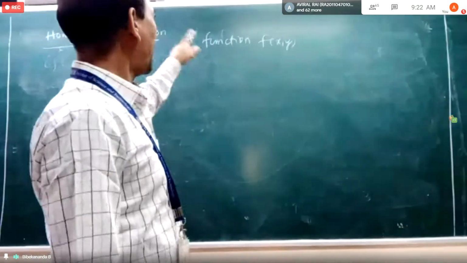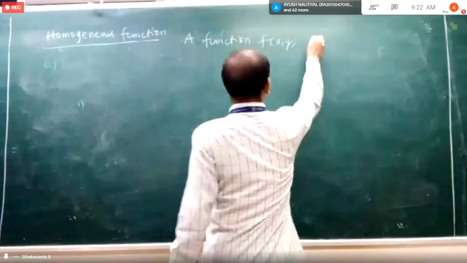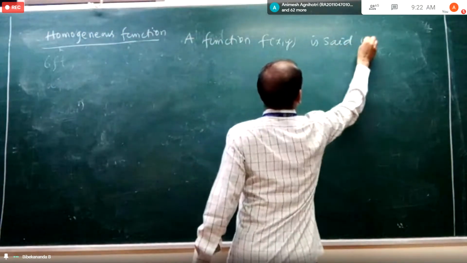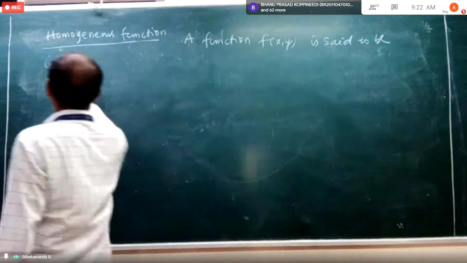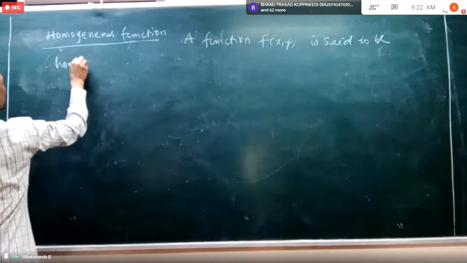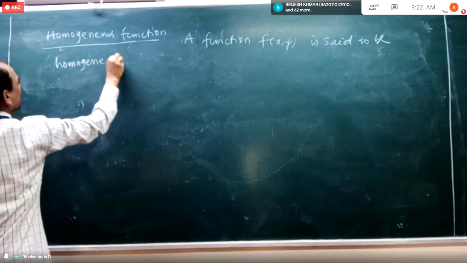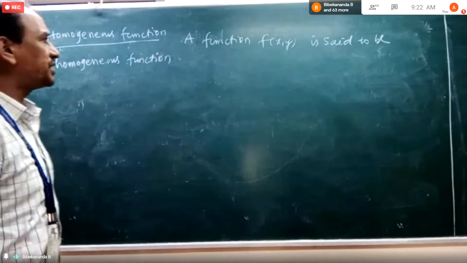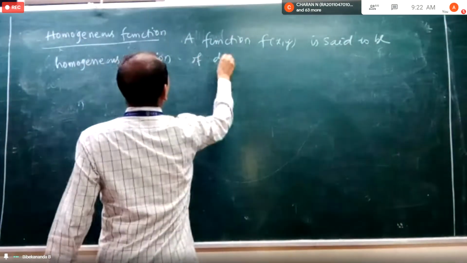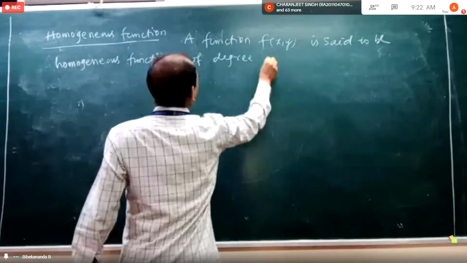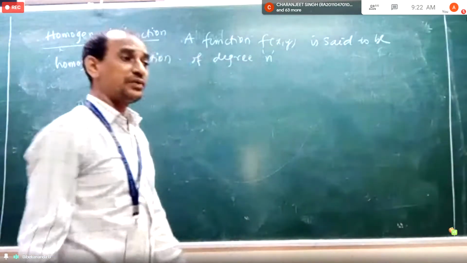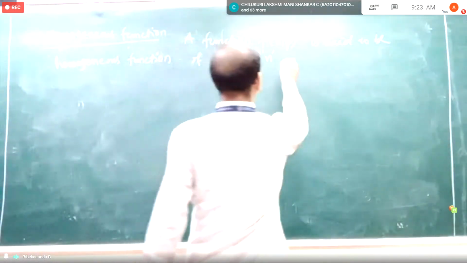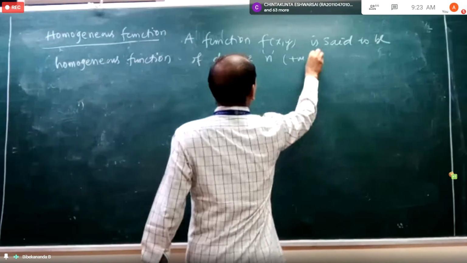So a function f of x, y is said to be a homogeneous function of degree n. n is a positive integer.